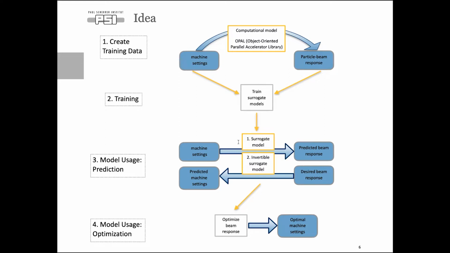So both models can be used to predict from the machine settings the beam response. And the invertible surrogate model can also be used to predict machine settings from a desired beam response. In the next step, we will use the surrogate models for optimization.